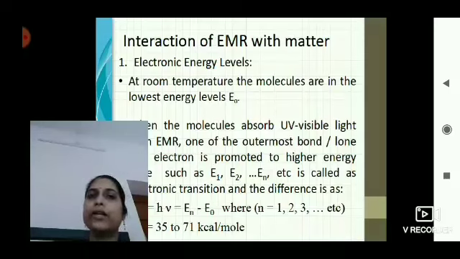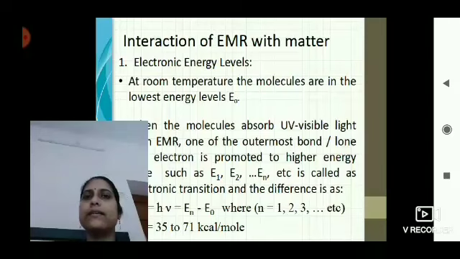The molecule remains in the higher state, and after some time it comes back either to the original state or to another level, and in this phenomenon it emits a photon of that particular energy separation.